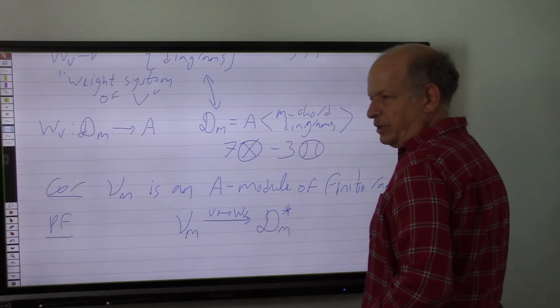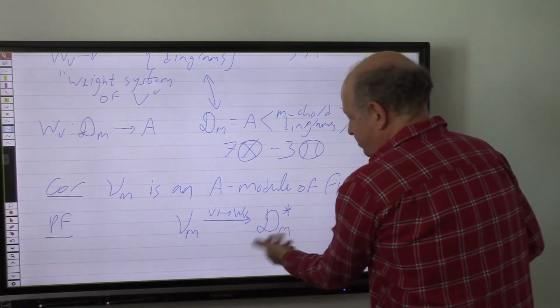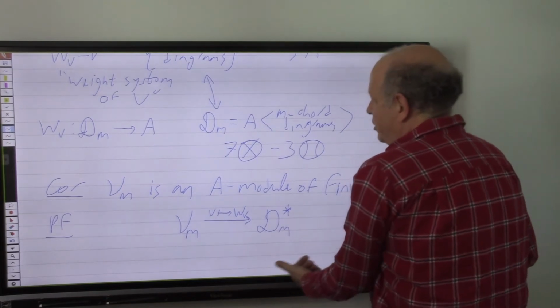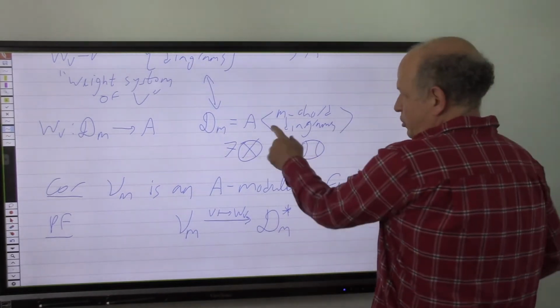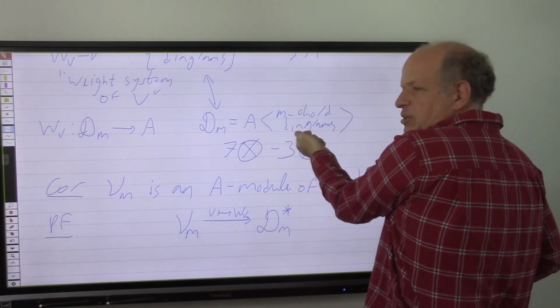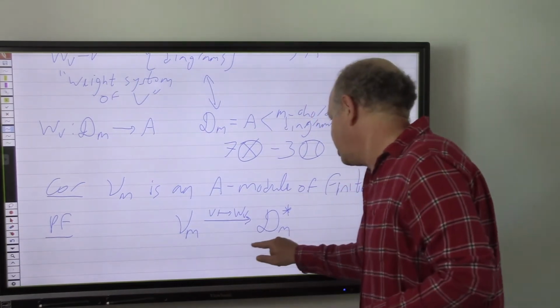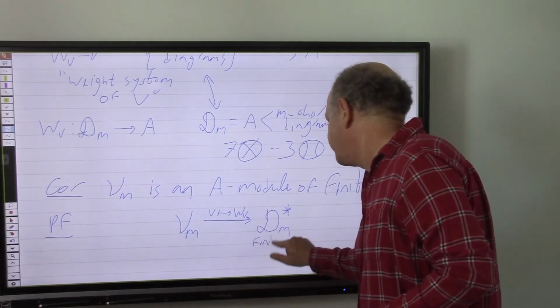Now, the space D_M itself is finite rank because there are only finitely many M chord diagrams for each M, so this is clearly of finite rank.